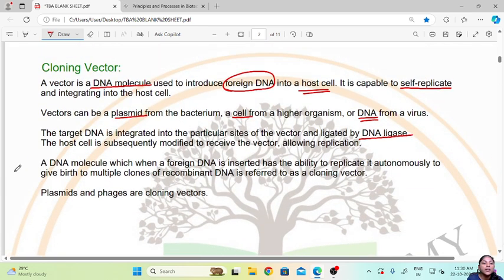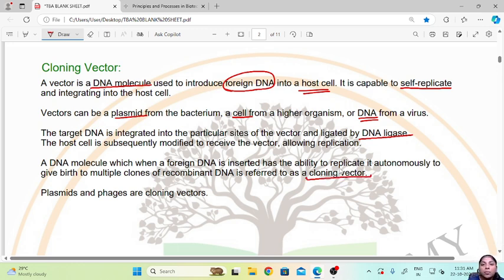Then the DNA molecule which, when a foreign DNA is inserted, has the ability to replicate autonomously to give birth to multiple clones of recombinant DNA is called a cloning vector. So what is a cloning vector?